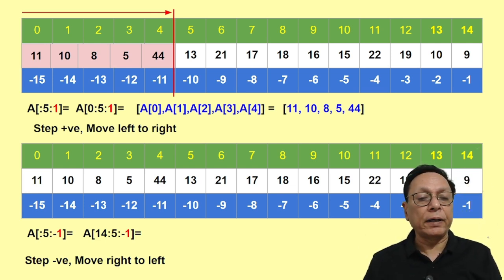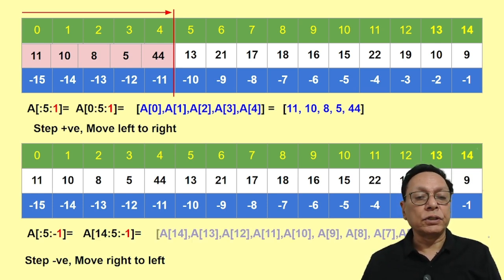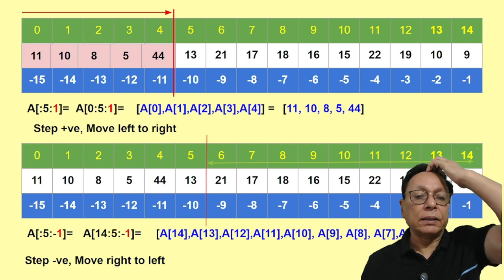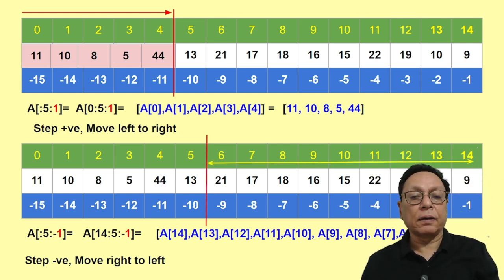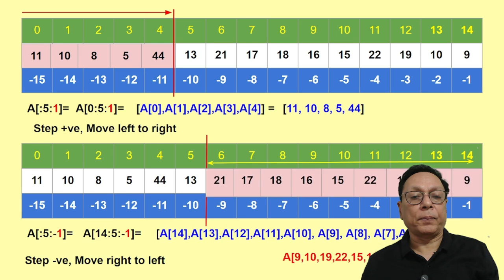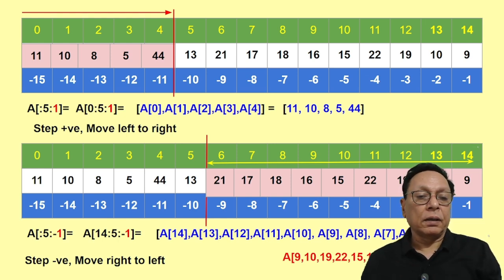So 14 to 5 and step -1, so we are moving right to left. This is the shaded area. So 9, 10, 19, 22, 15, 16, 18, 17, and 21 is the slice that will be copied from this list. 14 means the ending index, last index.